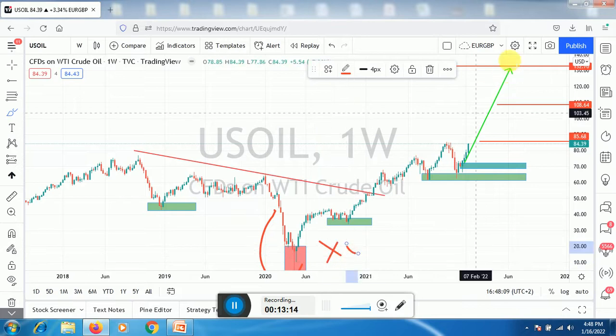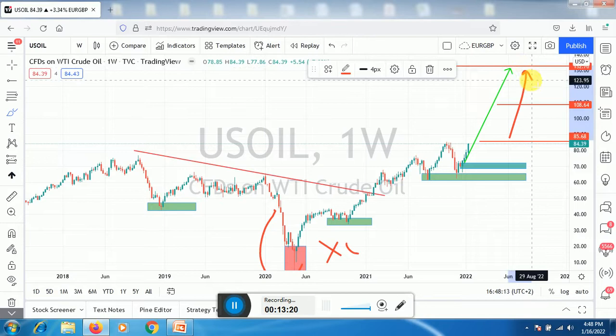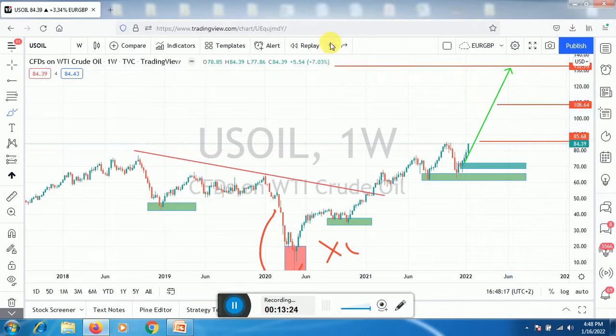So that might actually be the target of this. That's how you calculate a take profit. You use the height of the pattern to calculate your targets and take profits.